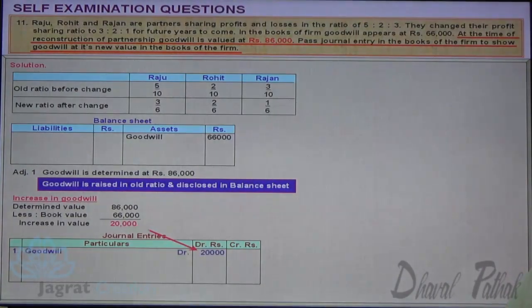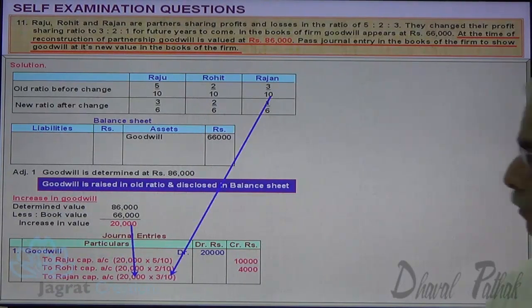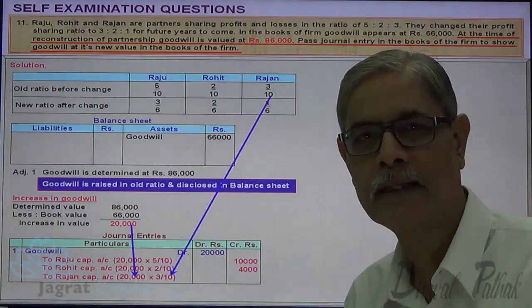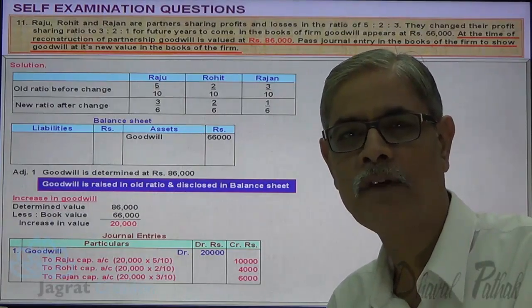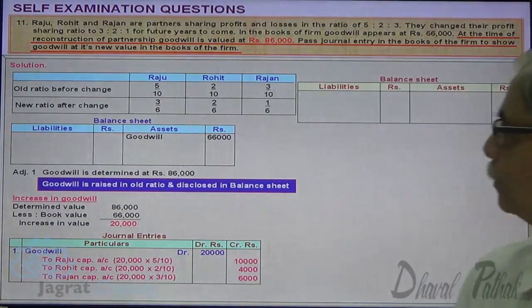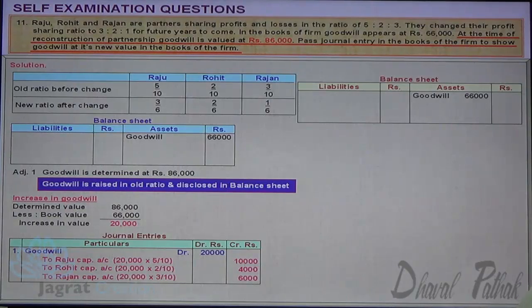So goodwill account debit 20,000 to Raju capital account, 5/10 of 20,000, to Rohit capital account, 2/10 of 20,000, and Rajan capital account credit 3/10 of 20,000. Goodwill is raised. Now how much goodwill will appear in the balance sheet? Observe it. It was 66,000, increased 20,000. Now it has a value 86,000 in the balance sheet.